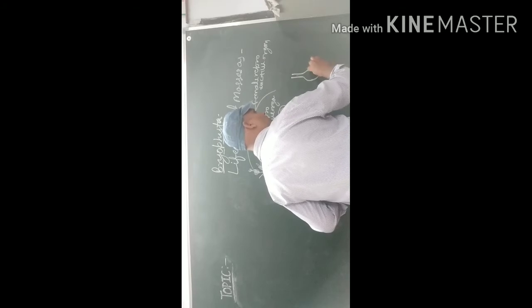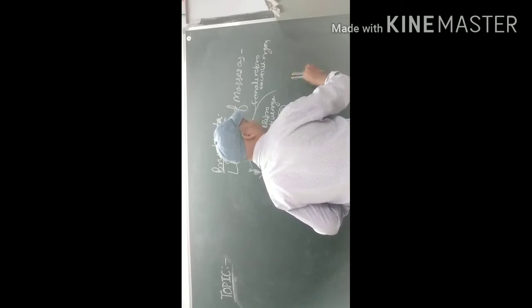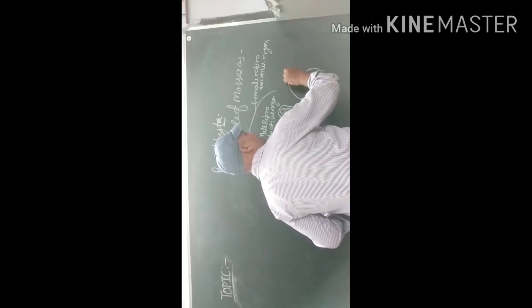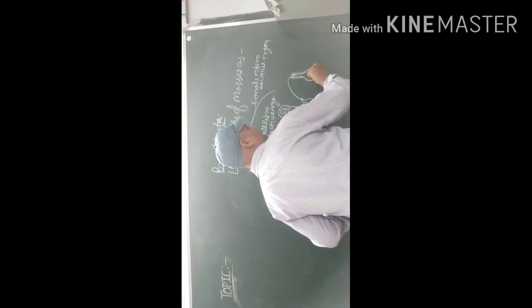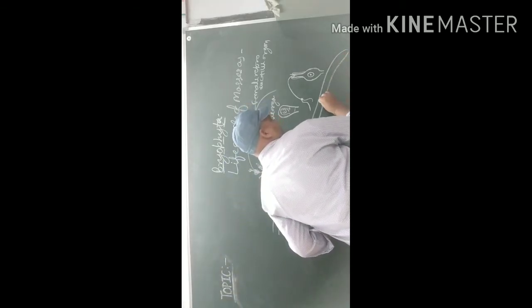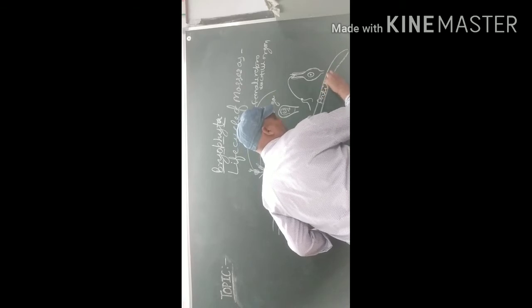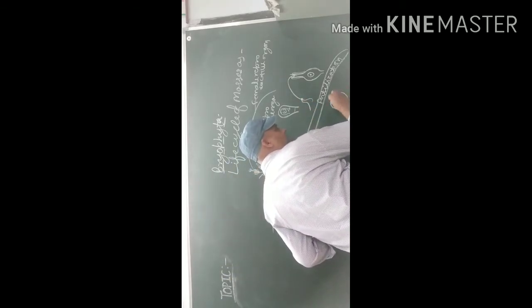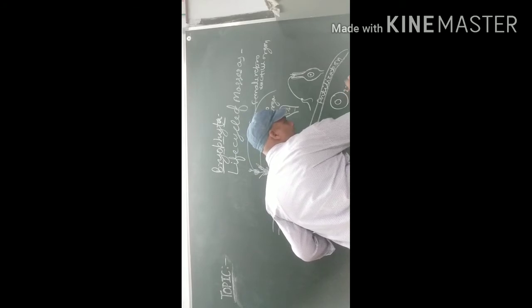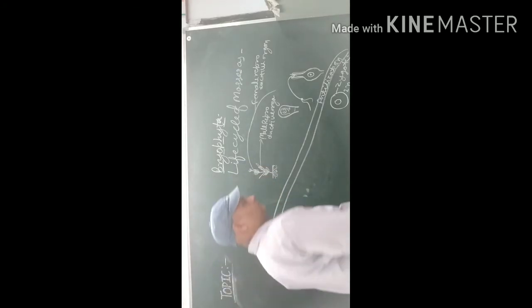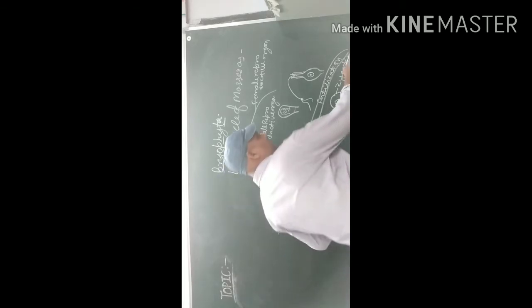The archegonia contain eggs. The antherozoids enter the neck region of the archegonia and fertilization takes place, and a zygote forms.